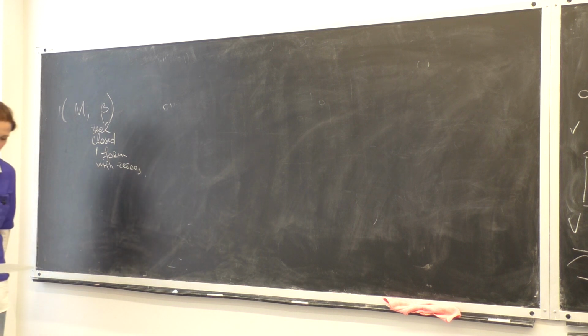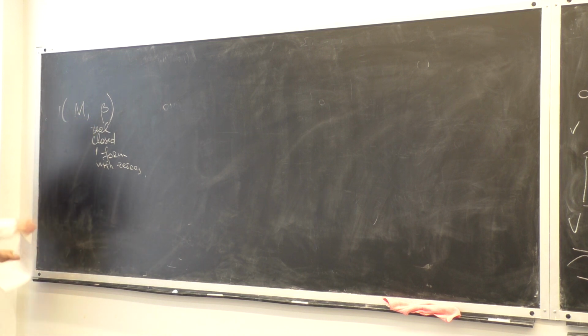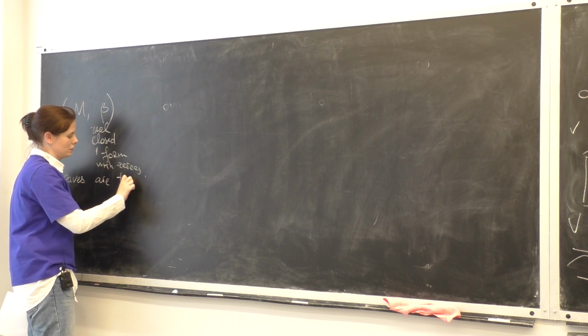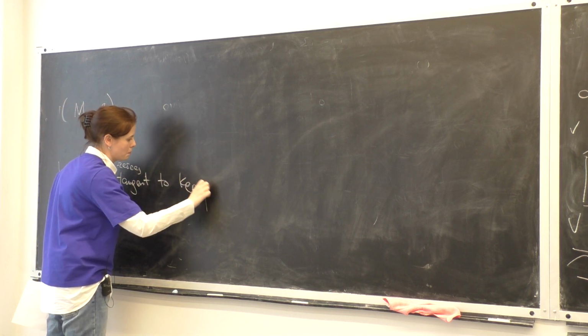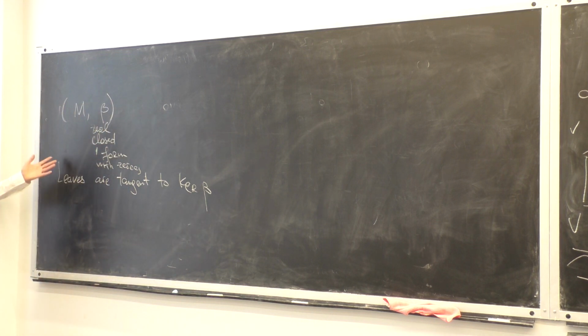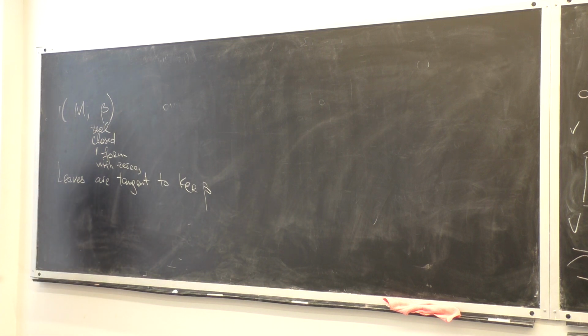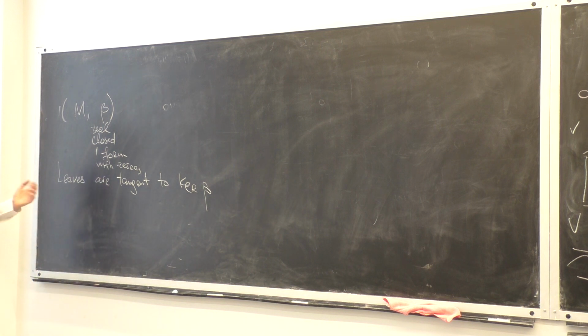It just means that we have a foliation such that the leaves are everywhere tangent to the kernel of this one-form. And why is it called measured? Because there is a natural measure that we can associate with it, and this measure is invariant under the holonomy map. The measure comes from the fact that we can integrate our one-form along the leaves of the foliation.